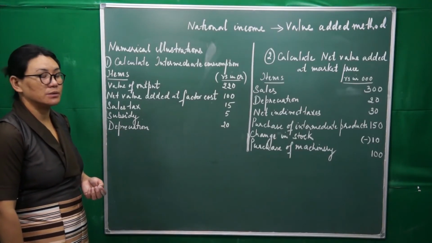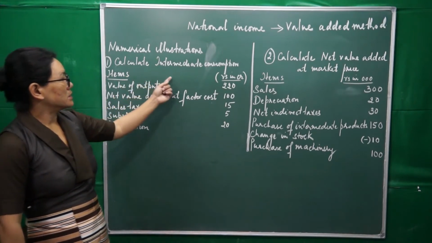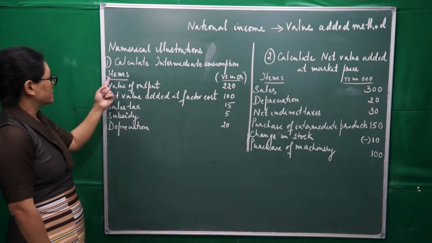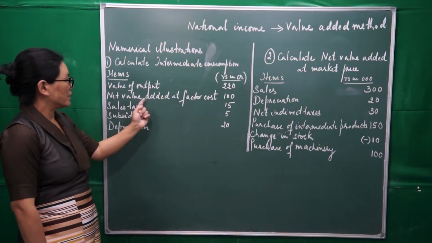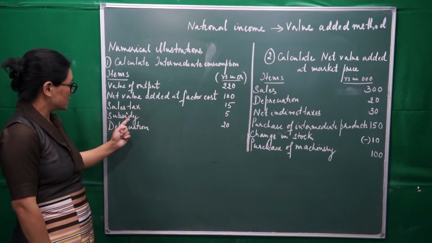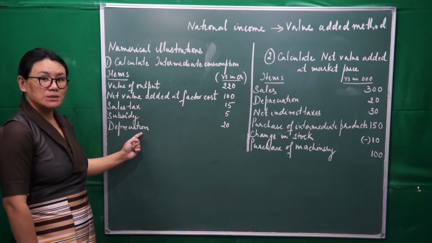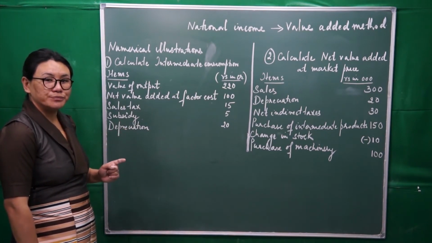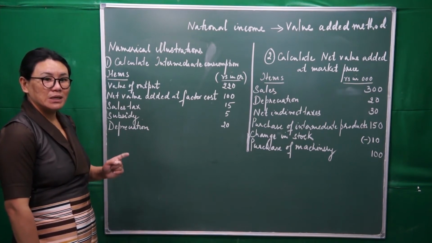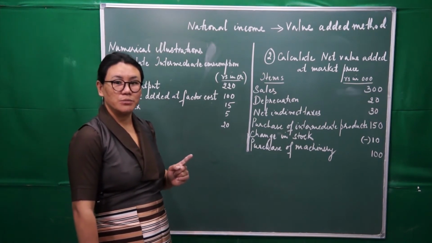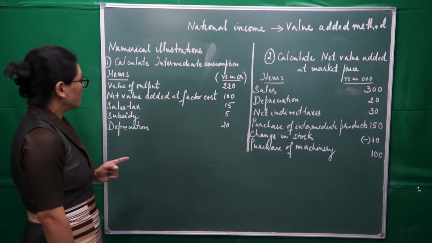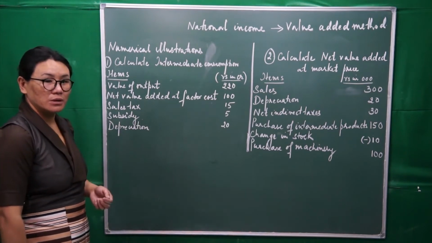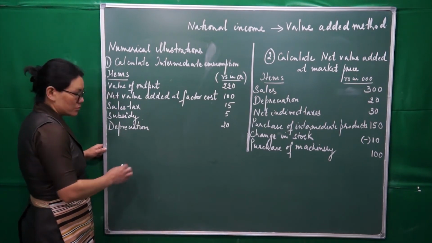Question number 1, see here. Calculate intermediate consumption. Value of output is given, net value added at factor cost, sales tax, subsidy, depreciation is given. Is that clear? Okay. Now when you are doing calculation, you have to observe each data which is given in the problems. Now let us go into the calculation of it. What we have to do, write down the formula first.